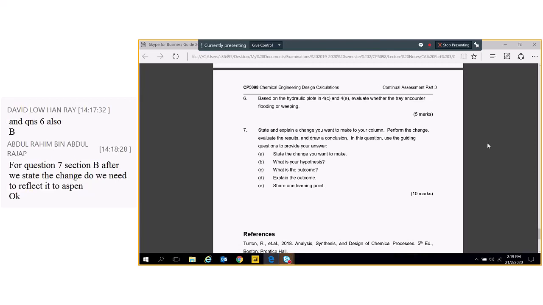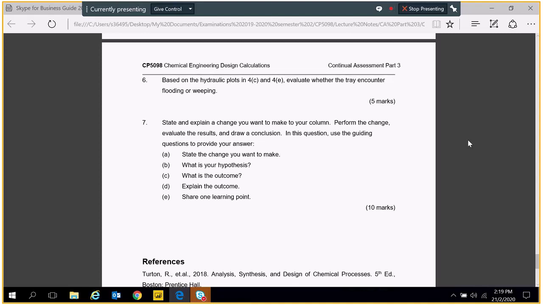Now, the heavy key in the distillate is toluene. So instead of 0.04 for toluene, you change it to 0.02. If the heavy key toluene is 0.02, it means that 0.98 is for the benzene.